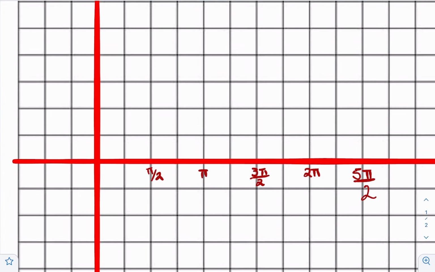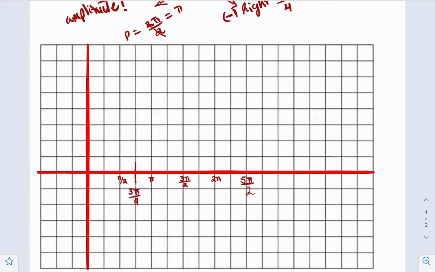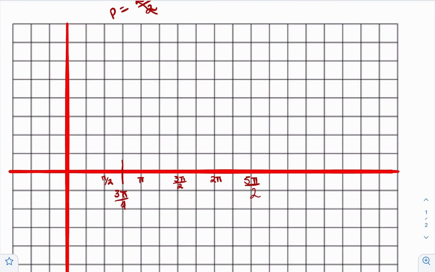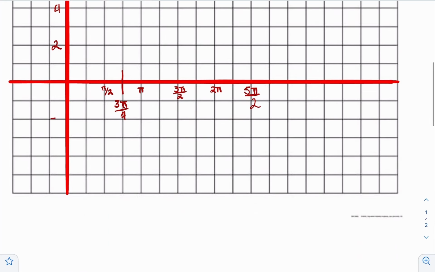Okay? Now let's label the y-axis. 2, 4, 6. Negative 2, negative 4, negative 6.